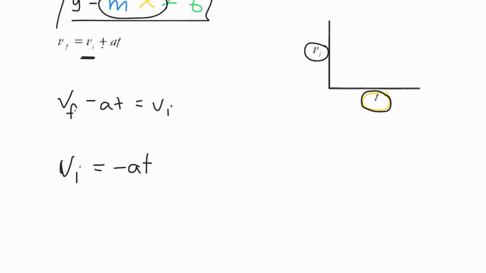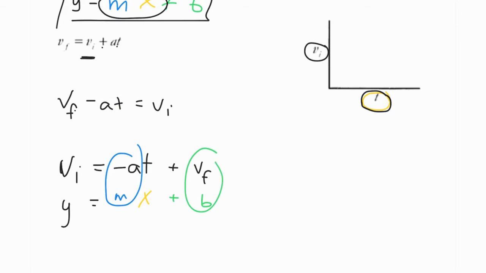and then plus VF. If we think about this then, here's my y. Here is my x, my t. My slope is my minus a. And then I have a y-intercept. That's my VF. So I'm going to have some y-intercept on here, my final velocity, whatever that is.